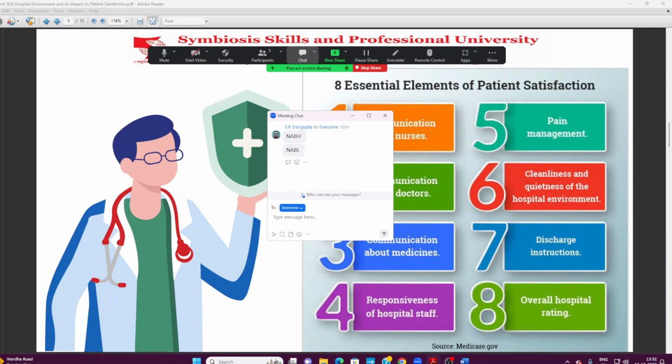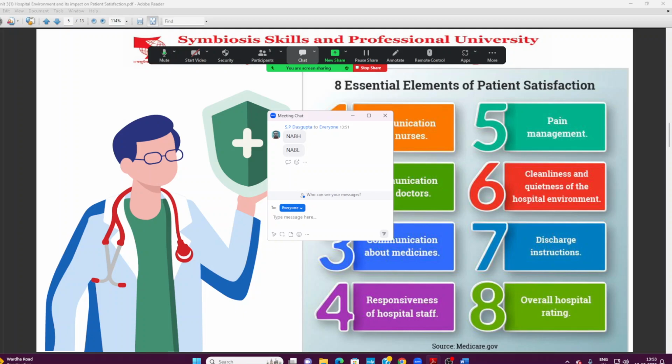Accordingly, the NABH is going to rank the hospitals so that the patient knows which hospital stands where. So this is a very important agency which will take care of overall hospital ranking. Based on this ranking, you come to know this hospital is of this standard, and getting admitted in this hospital will be good for me.